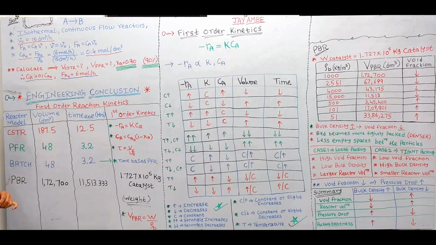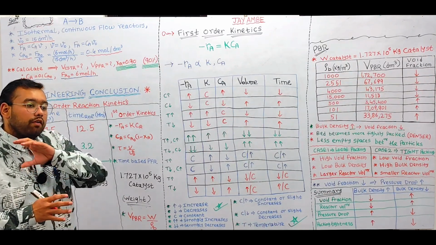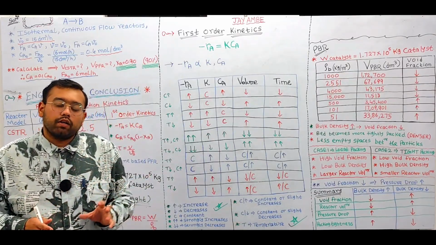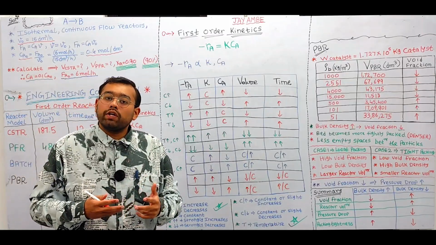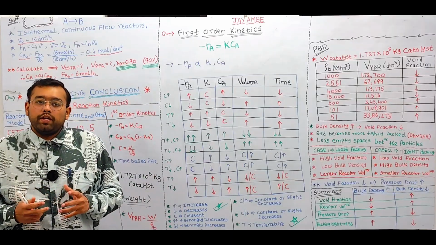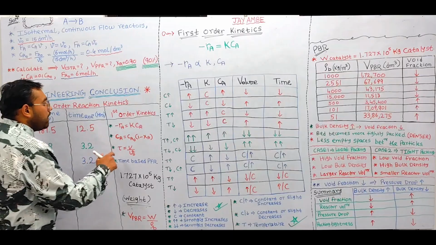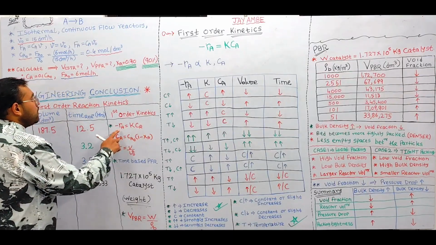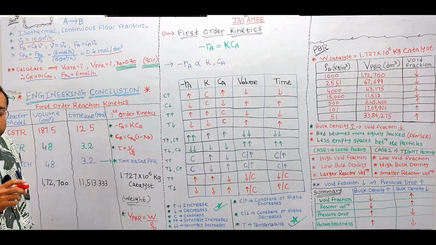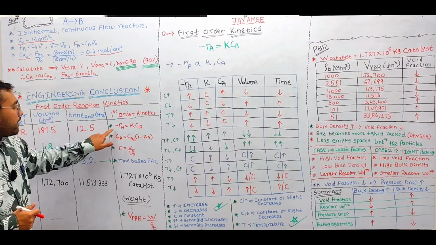Now, I have also made you understand that in the plug flow reactor, at the inlet stream of the plug flow reactor, we have the highest concentration of the reactants, which means, due to the first order reaction kinetics, where the concentration is in direct proportionality to the reaction rate, due to the highest concentration present at the inlet portion of the plug flow reactor, we will have the higher rates of the reaction.